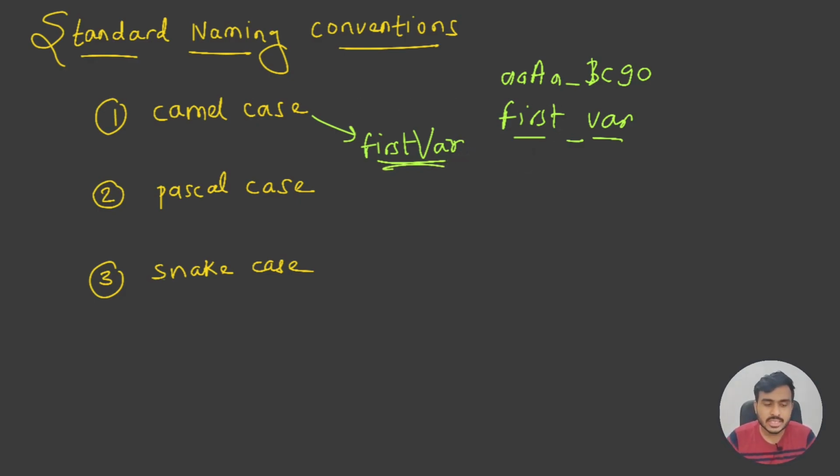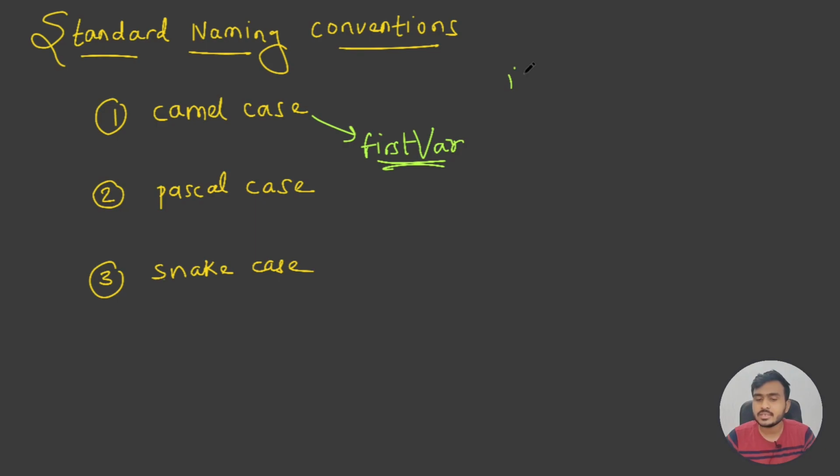Let's take a few more examples. For that, let me clear out this board. Let's say you want to name a variable is true. You'll write it as is, capital TRUE. Let's say you want to name a variable student name. You'll write it as student, then N capital. This is camel case. Whenever you are writing words, the entire first word is going to be lowercase.